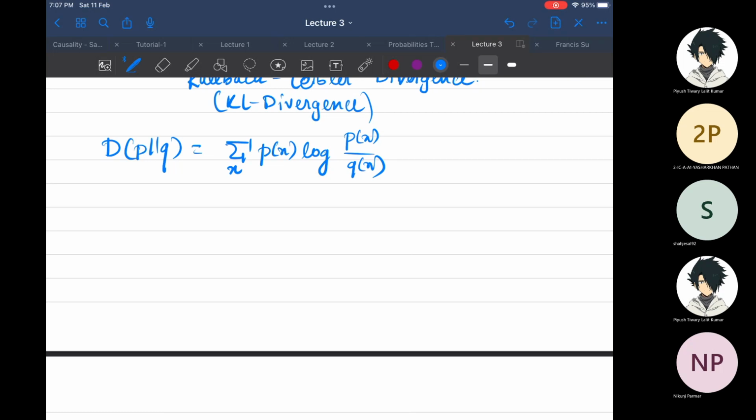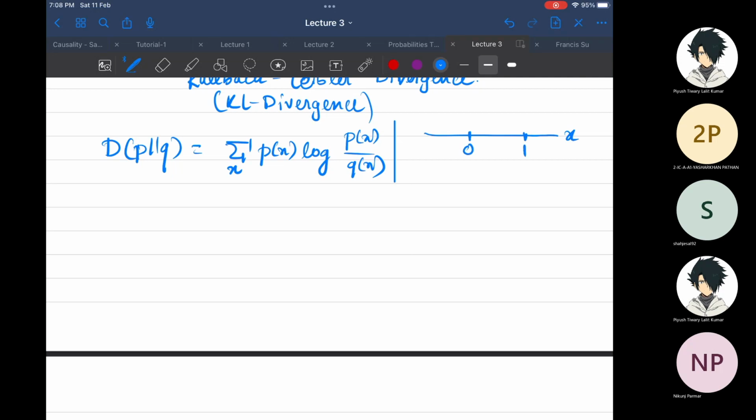So what does this weird looking definition even mean? Let me give you some intuition, or let me first explain what this is. Let us suppose that x is a random variable and it takes only two values, 0 and 1.